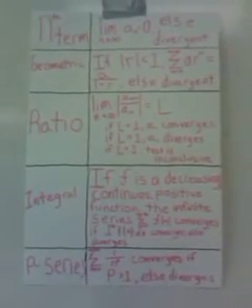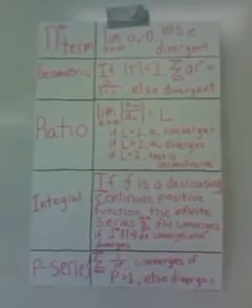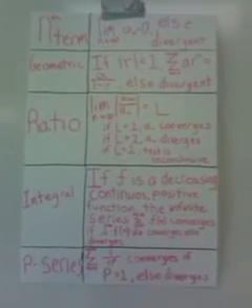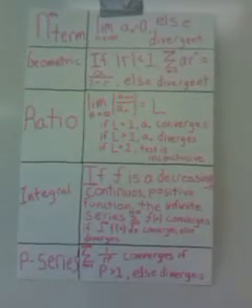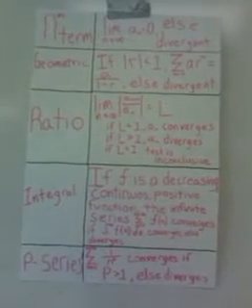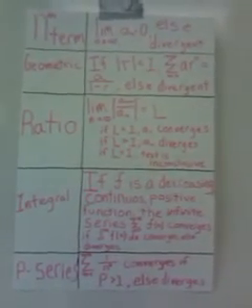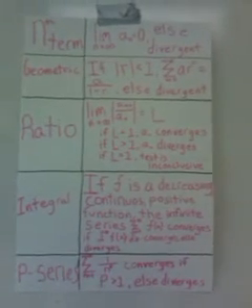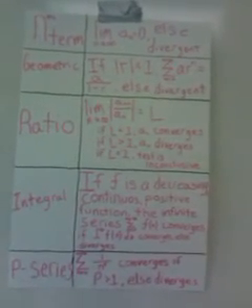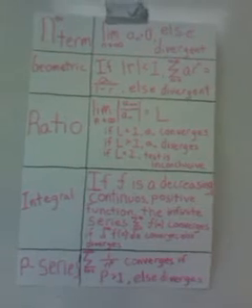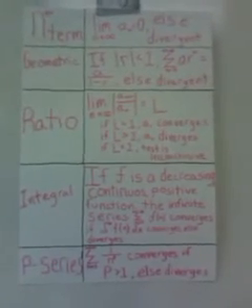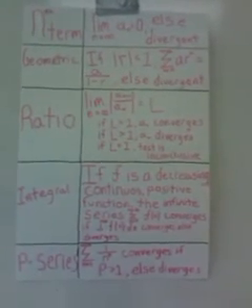The ratio test there in the middle is probably the most important test that we use to determine the convergence of a series. It's sort of related to the nth term test in that we look at a term divided by the term before it, and the relationship between those is given by L. So if L is less than 1, if each term is progressively smaller than the last, a sub n converges.